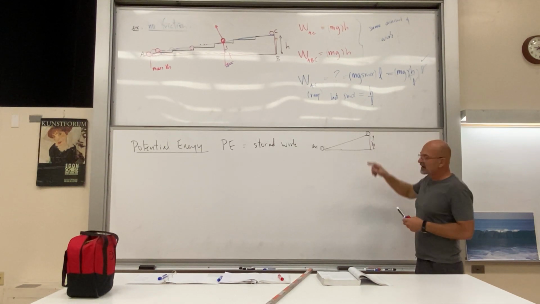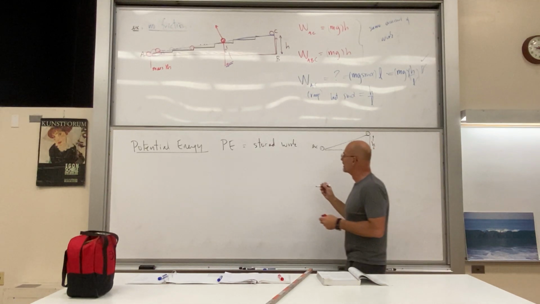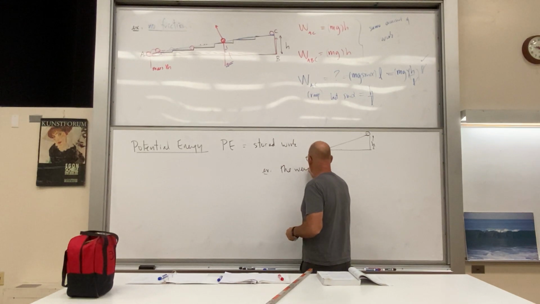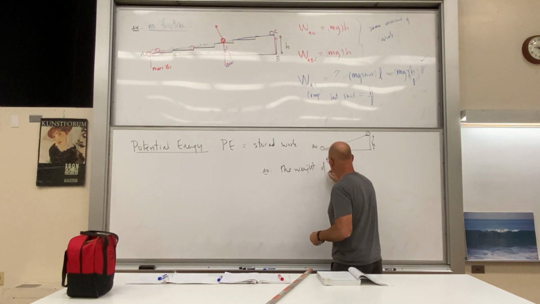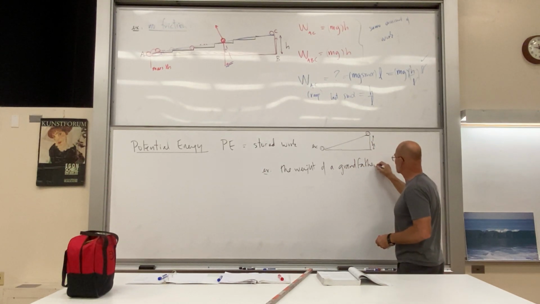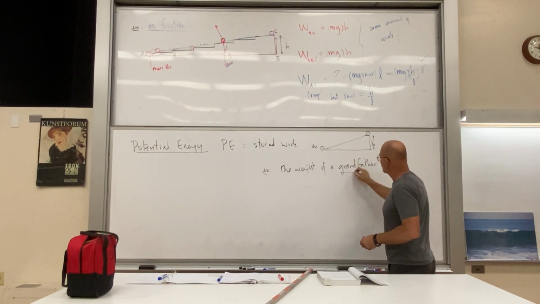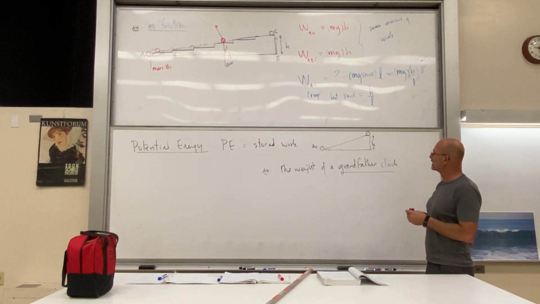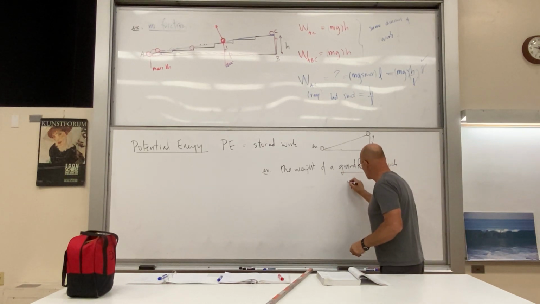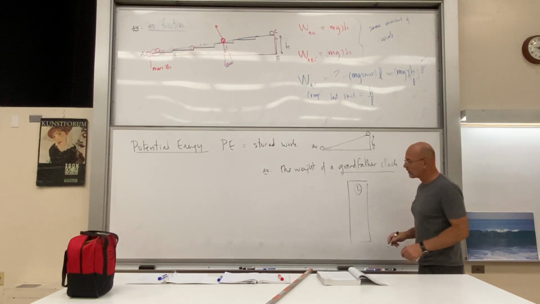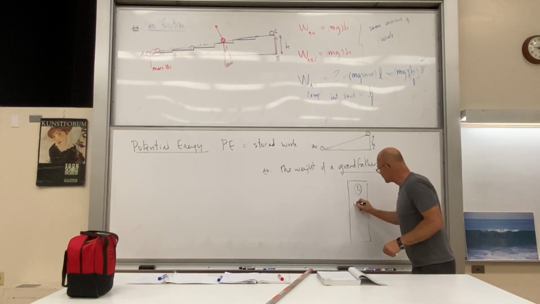This could be the weight on a grandfather clock. For example, the weight of a grandfather clock. I think that's what they're still called. You know, look this up online and maybe get a picture of this for your notes. It'll be interesting. So a grandfather clock, some big object here, there's the hands. What makes this thing run is that there's a mass that's been wound up here.